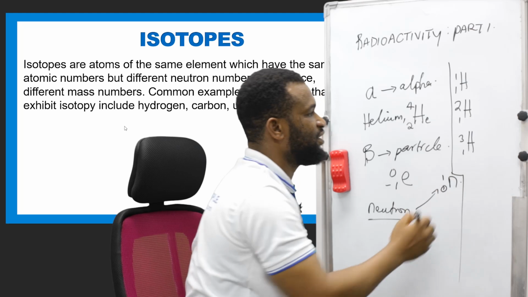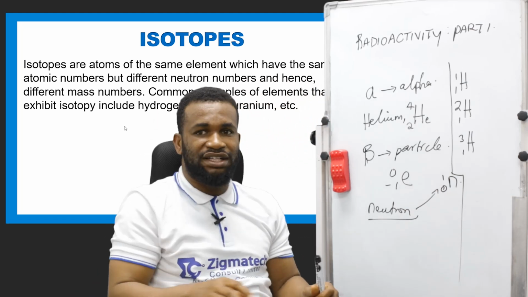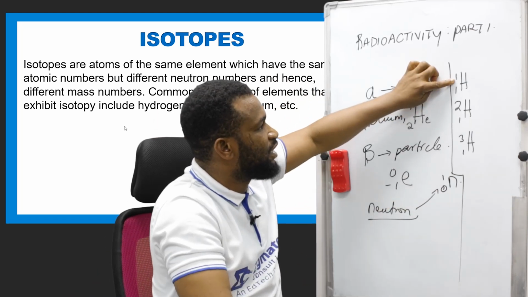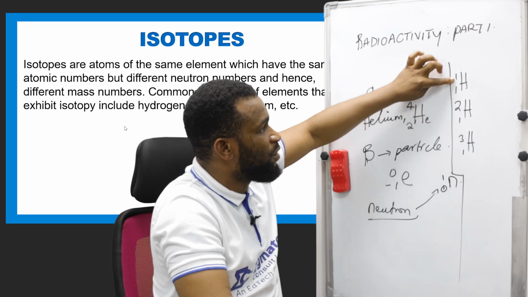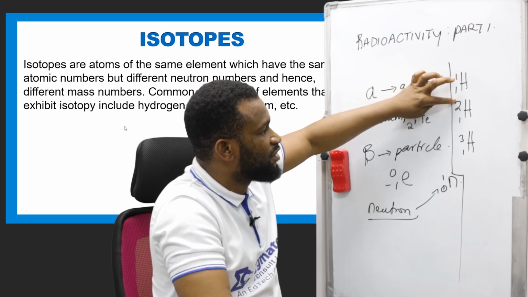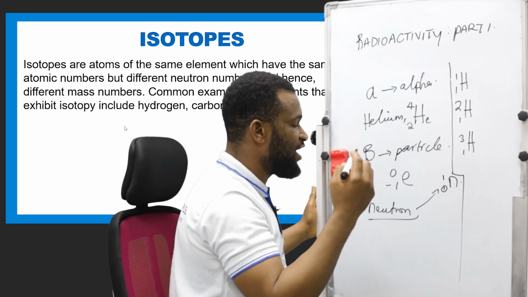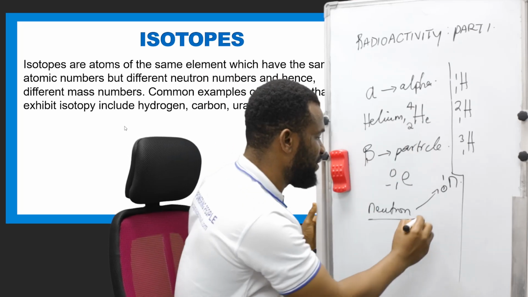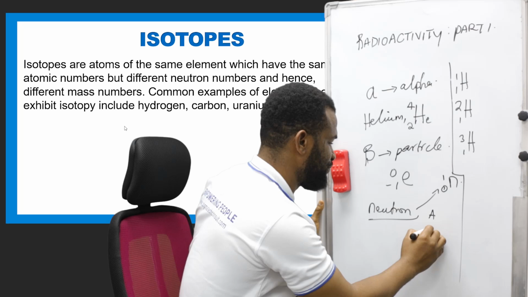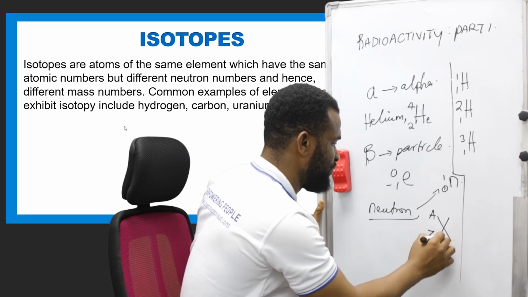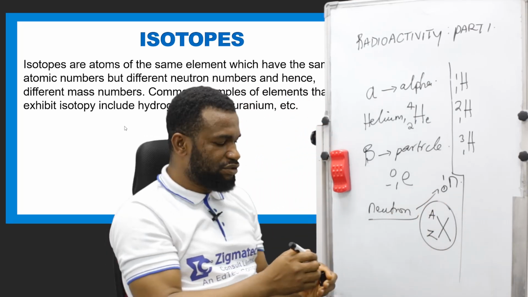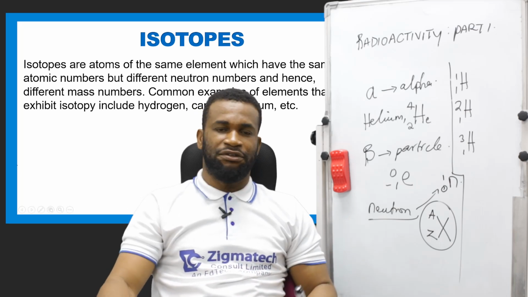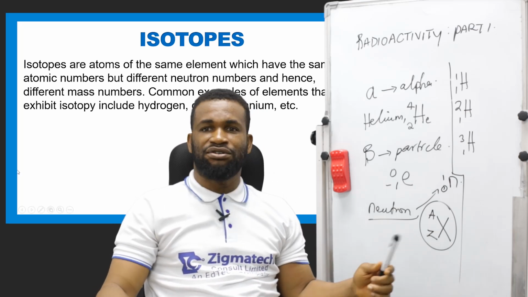One thing that is different in all of them is the fact that they have different atomic mass. The upper one is atomic mass, this is atomic mass, this is atomic mass, because every nuclide is given as this. This is a nuclide. When you don't know the values of any element, you can call them nuclide.